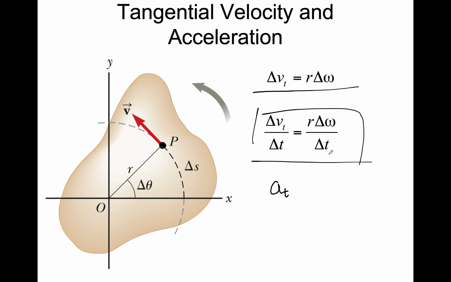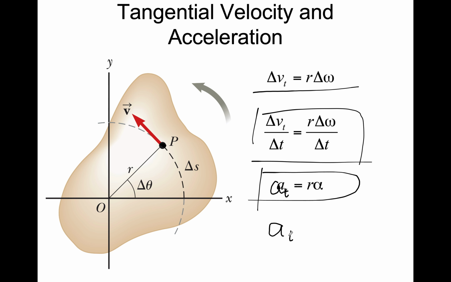And what is delta omega over delta t? We just discussed it in the last lecture video. Change of angular velocity divided by delta t gives us angular acceleration. So we arrive at another important conclusion.